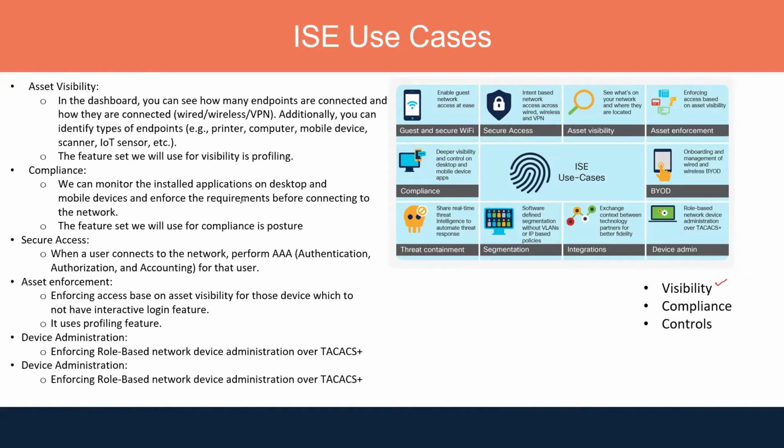Visibility, basically you can see that asset visibility, this feature is fulfilling the visibility part. Asset visibility is one of the use cases where ISE can be used. So I will let you know the use case I have. Let's say we have a user which is connecting to the network.